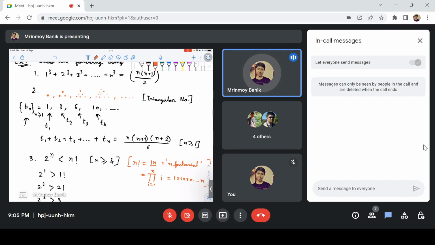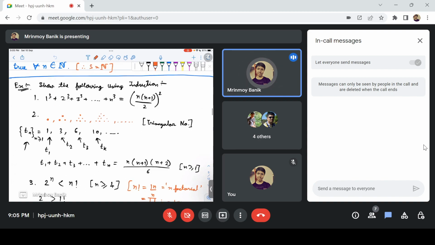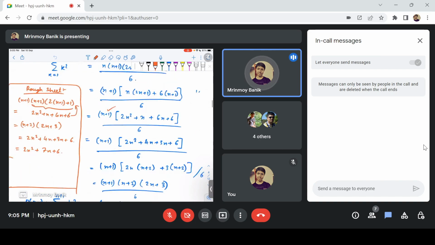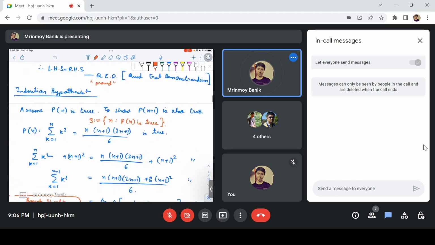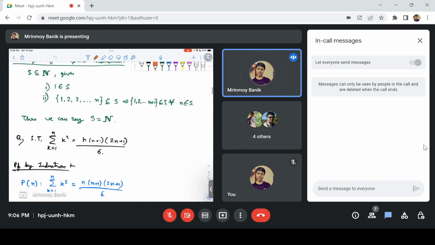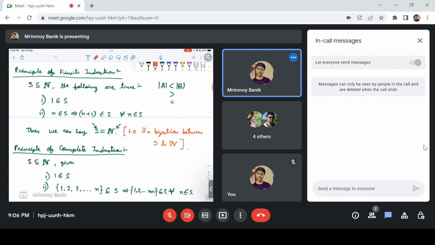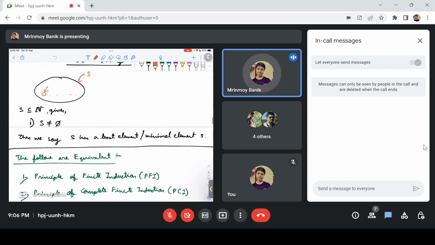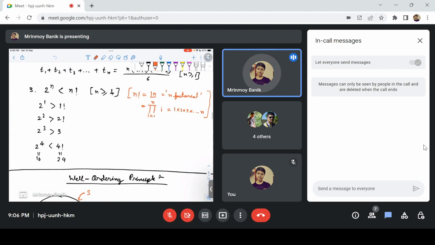Like the second one was exactly the same as the first one, and the first one is exactly the same as the squared example that we did in class, 1 squared plus 2 squared. And the last one was also obvious.